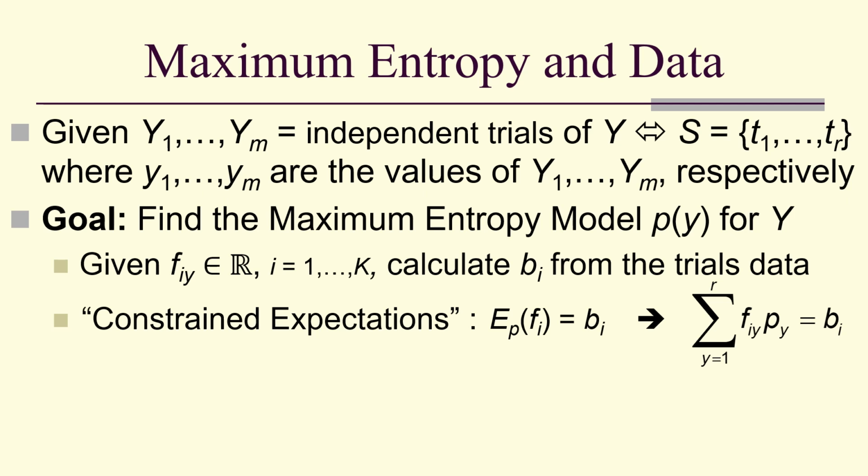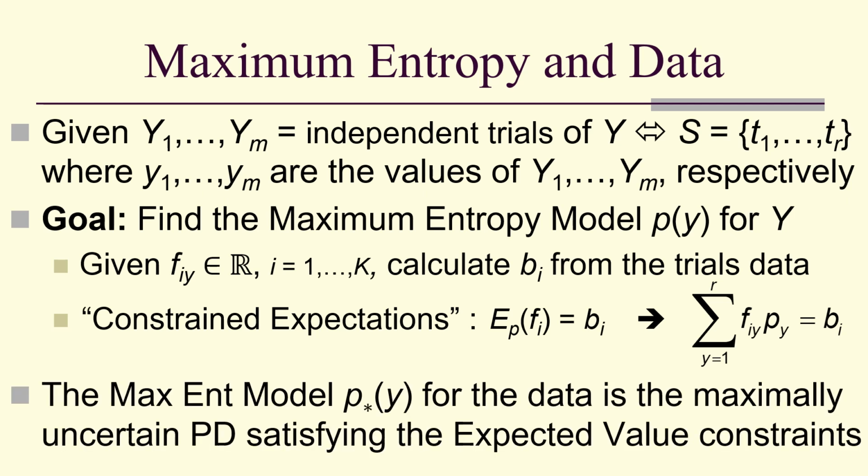In other words, the sum y equals 1 to r, f sub i of y, p sub y is equal to b sub i. So these are calculated from the data, we get the b sub i's, and then these become our constraints. And then we want to find the maximum entropy model with respect to these constraints.